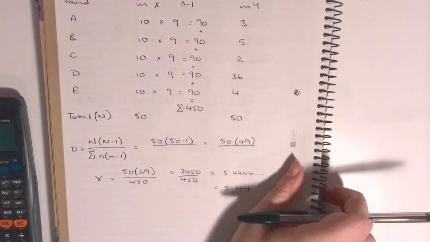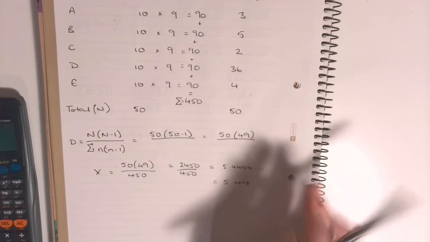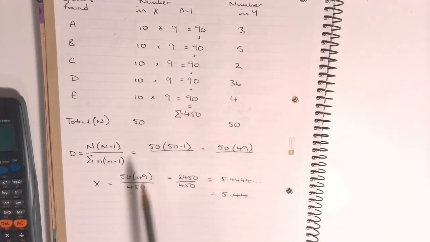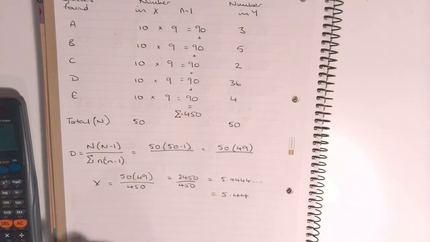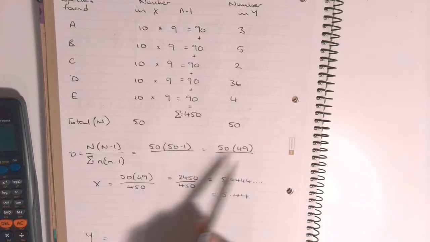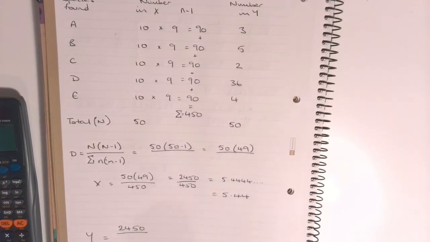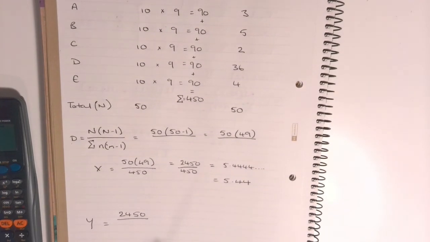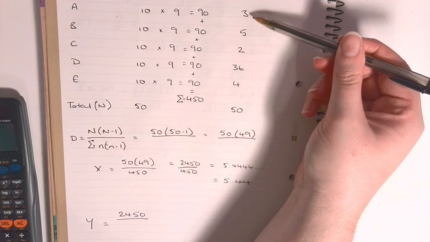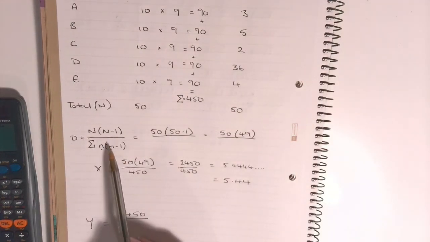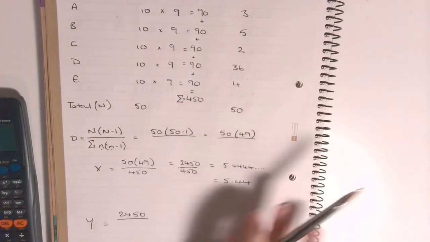If I push this up just so we can do Y now. Our top line's identical because we have the same total, so we can stick that down immediately. We now just need to work out the number of each species times the number minus 1.